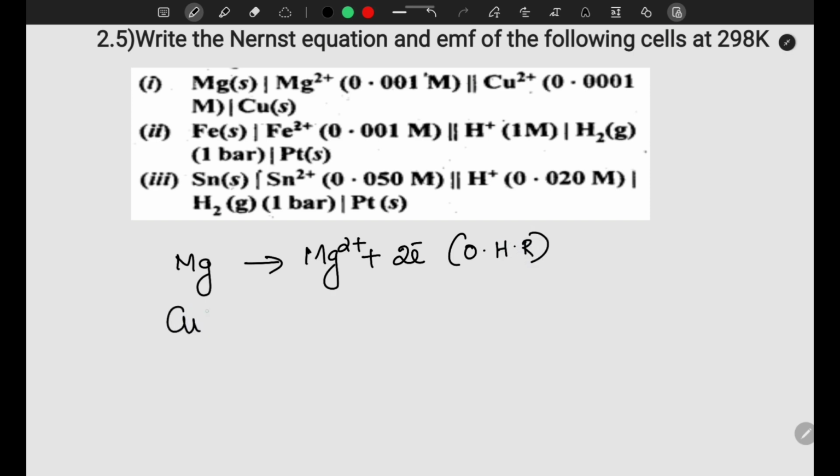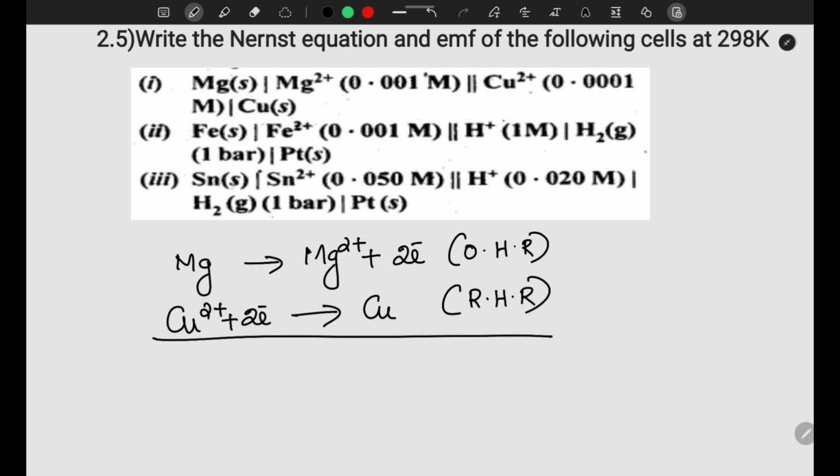Similarly, reduction half reaction: Cu2+ plus 2 electrons gives Cu. This is the reduction half reaction. Now when we add these two, we will get Mg plus Cu2+ gives Mg2+ plus Cu.